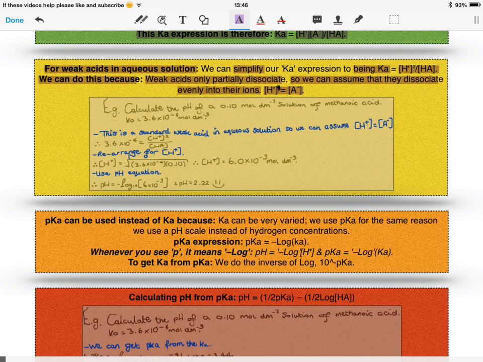But anyway, doing this second step gives us a hydrogen concentration of 6.0 times 10 to the minus 3 mol per dm cubed. The final step of this is quite easy. We just use the standard pH equation, minus log base 10 of our hydrogen concentration, so 6 times 10 to the minus 3, and if you plug that into your calculator, you're going to get 2.22 for your pH. Smiley faces, because it's quite easy.